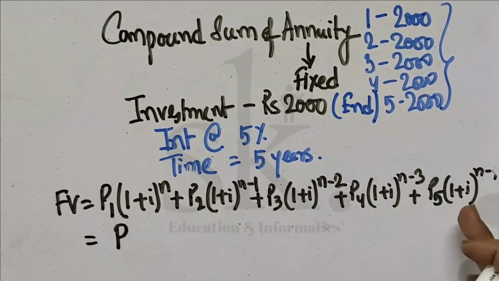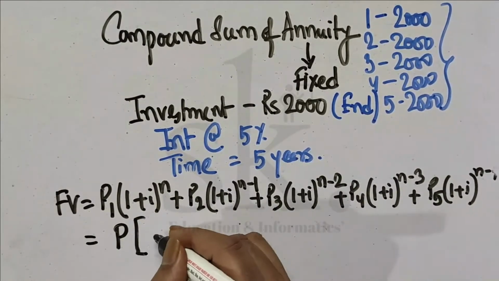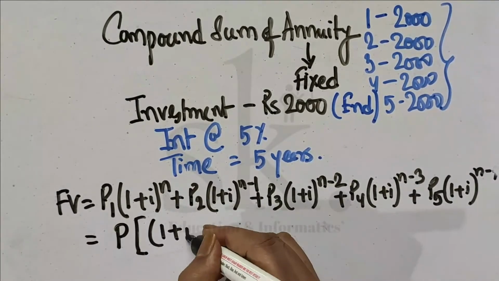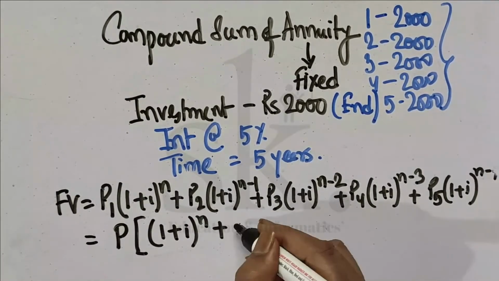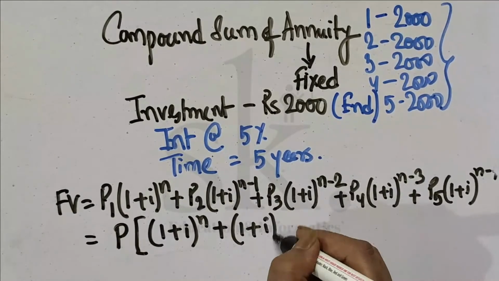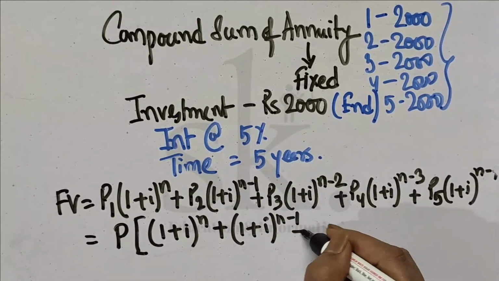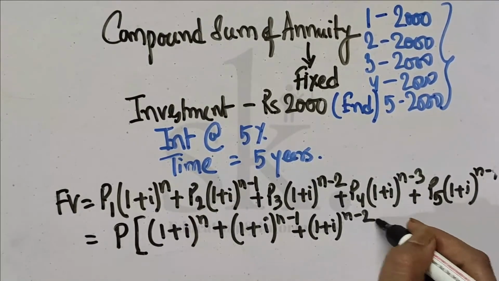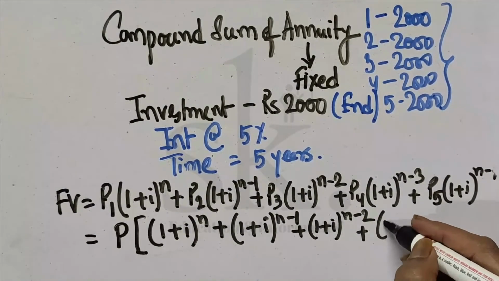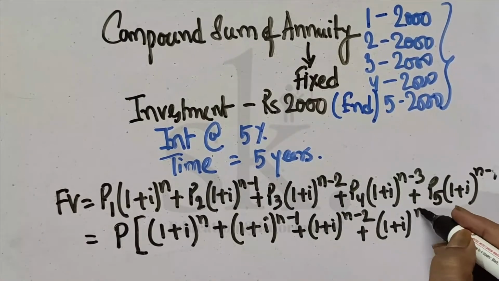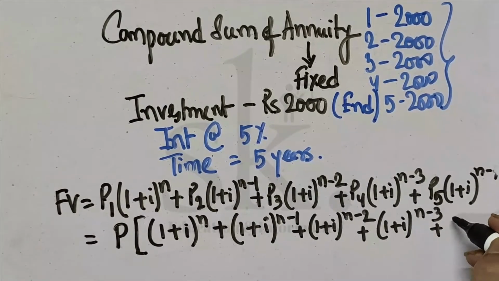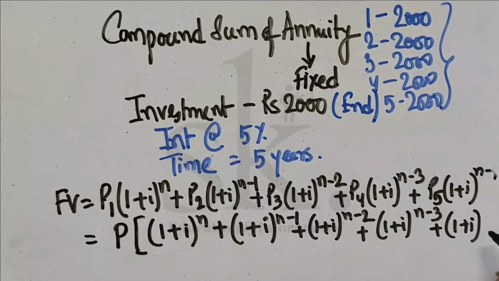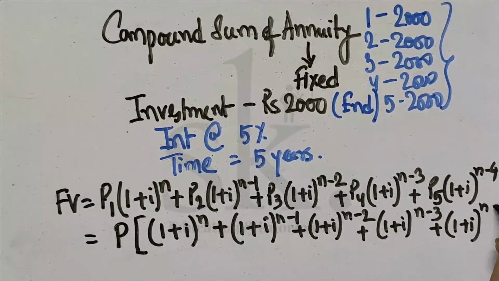So: P [(1 plus I) to the power n, plus (1 plus I) to the power n minus 1, plus (1 plus I) to the power n minus 2, plus (1 plus I) to the power n minus 3, plus (1 plus I) to the power n minus 4].